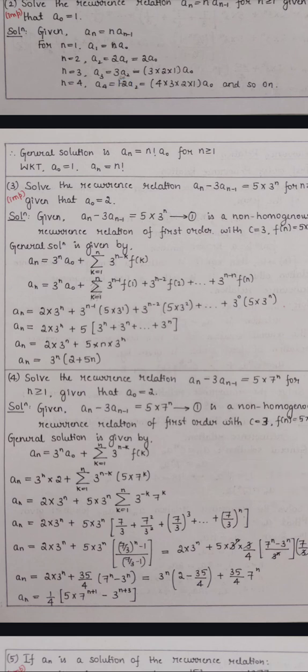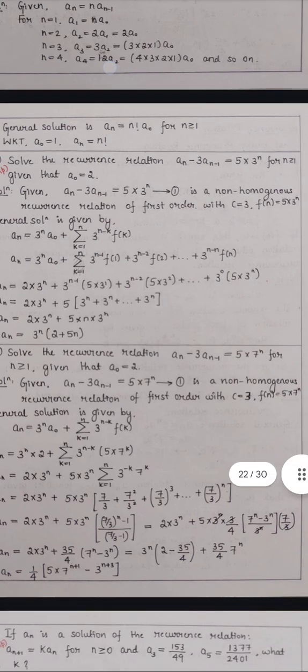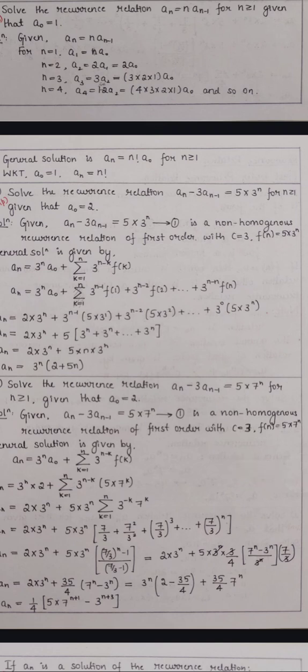Since there is another extra thing along with a_n, that is a_n minus 3 a_{n-1} equals 5 into 3^n, the function f of n is 5 into 3^n. It is a non-homogeneous recurrence relation of first order with c equals 3, because 3^n is there. That's why c equals 3. f of n equals 5 into 3^n.